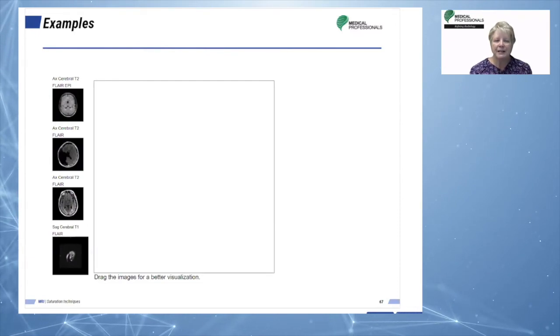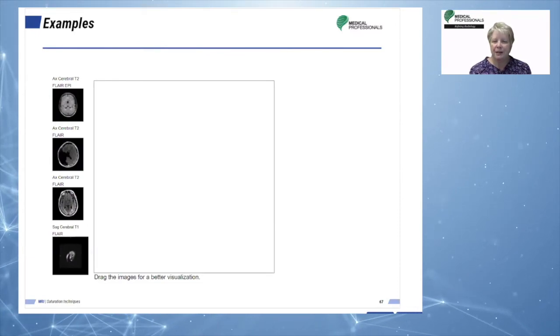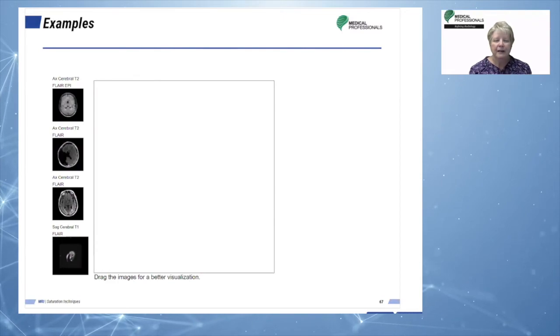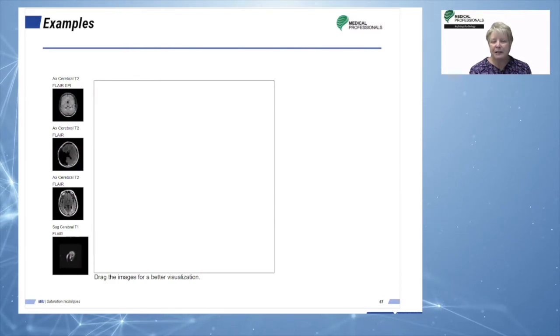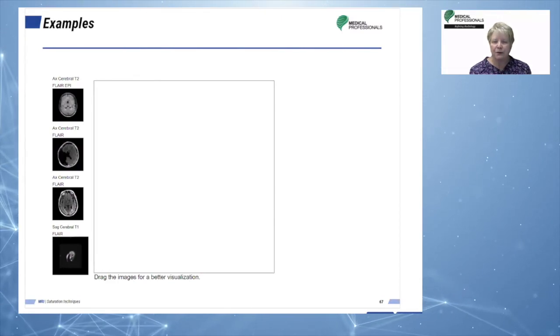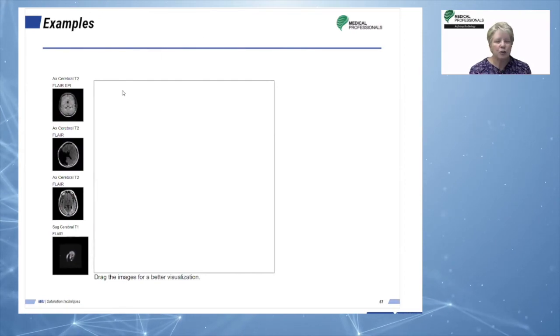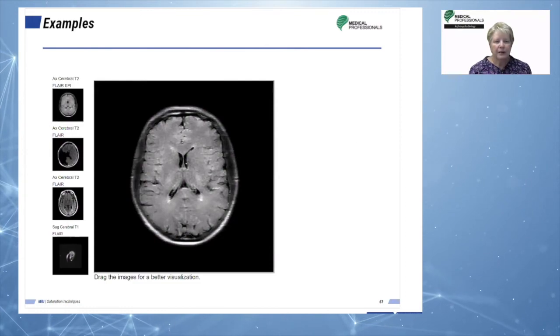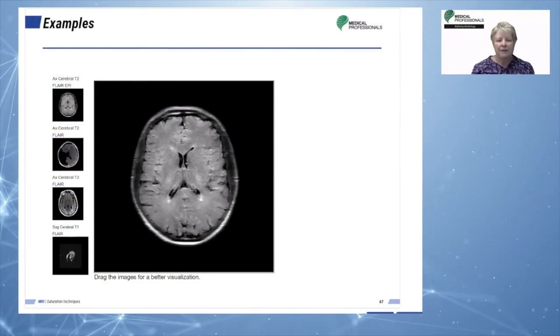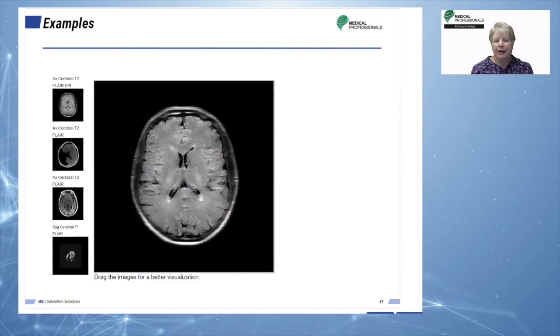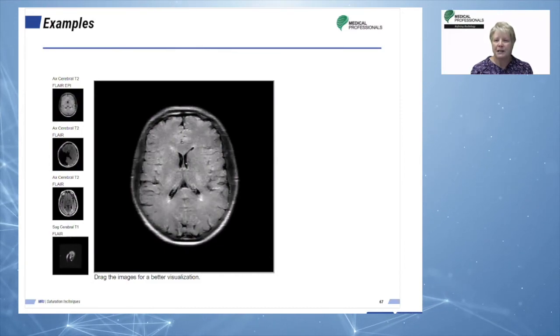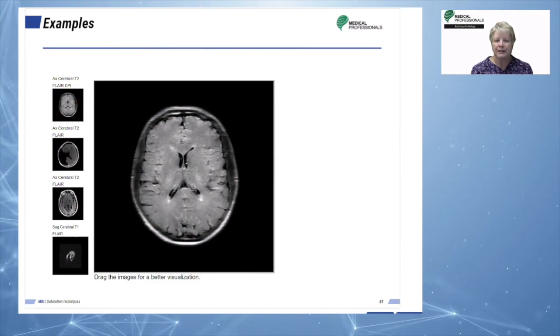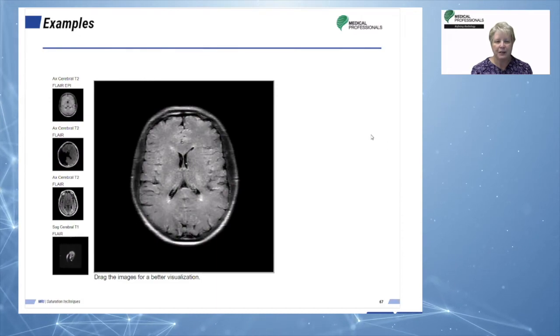On this slide, we can see several examples of images obtained with FLAIR sequence. As we have previously seen, this sequence is the reference sequence for neuroimaging. So I'm going to drag these into the box so you can see them a little bit better. The first image we have is an axial T2 FLAIR EPI, which is a sequence used in brain perfusion scanning to diagnose pathology.